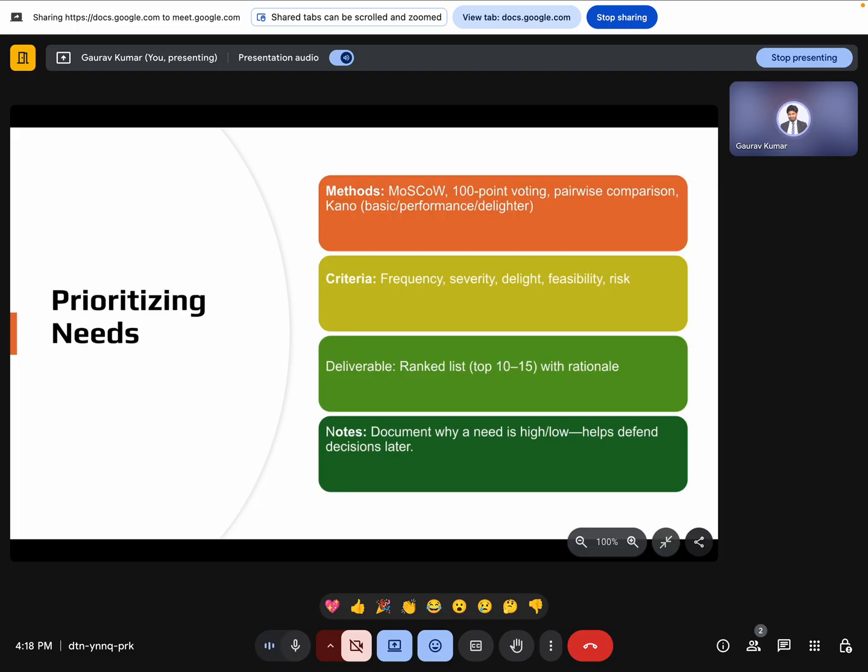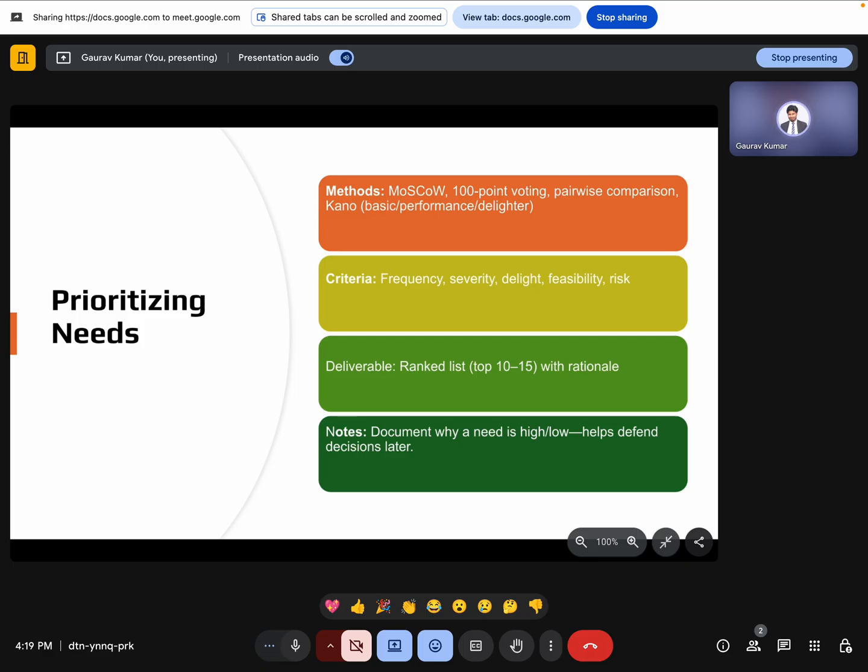Next is prioritizing needs. Prioritization is where a list becomes a plan. I choose a method that fits the team: MoSCoW, 100 points voting, pairwise comparison, or Kano, and I make our criteria explicit: frequency of occurrence, severity of impact, delight potential, feasibility, and risk.